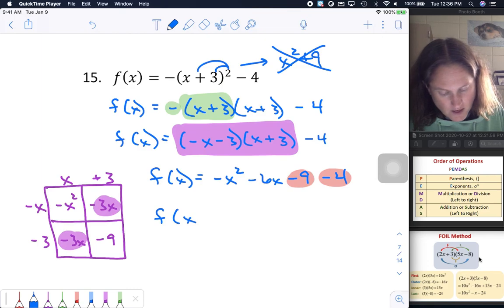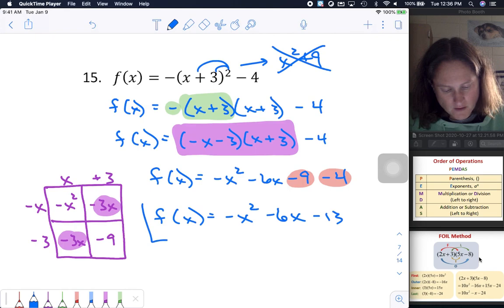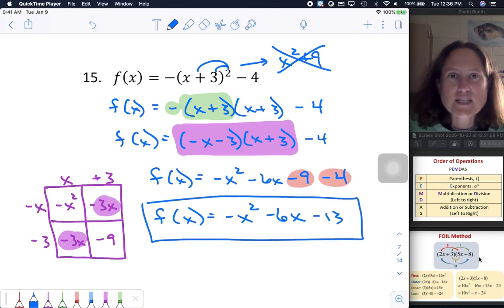And I end up getting f of x is equal to negative x squared minus 6x and then negative 9 minus 4. Enter it on your calculator if you have to. Okay, but remember you only get a handheld calculator. Ends up being minus 13. So that again would be the standard form going from vertex form.